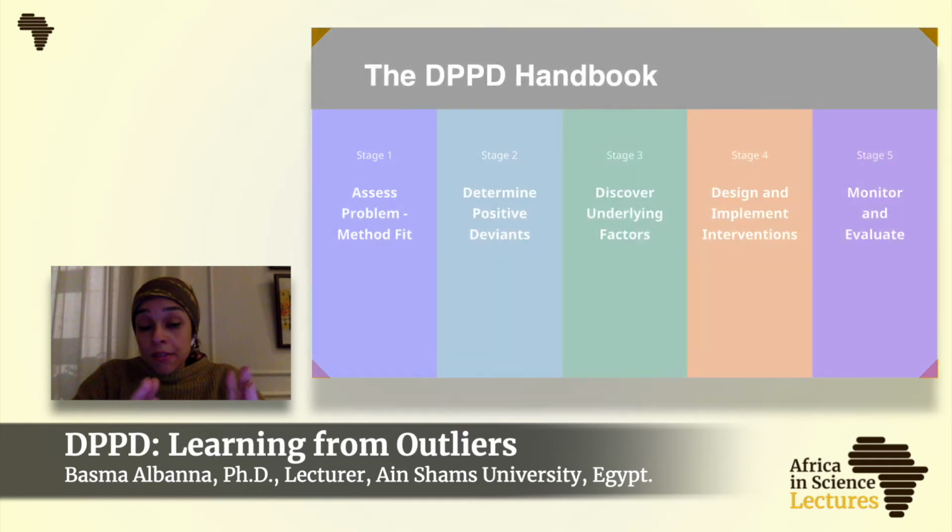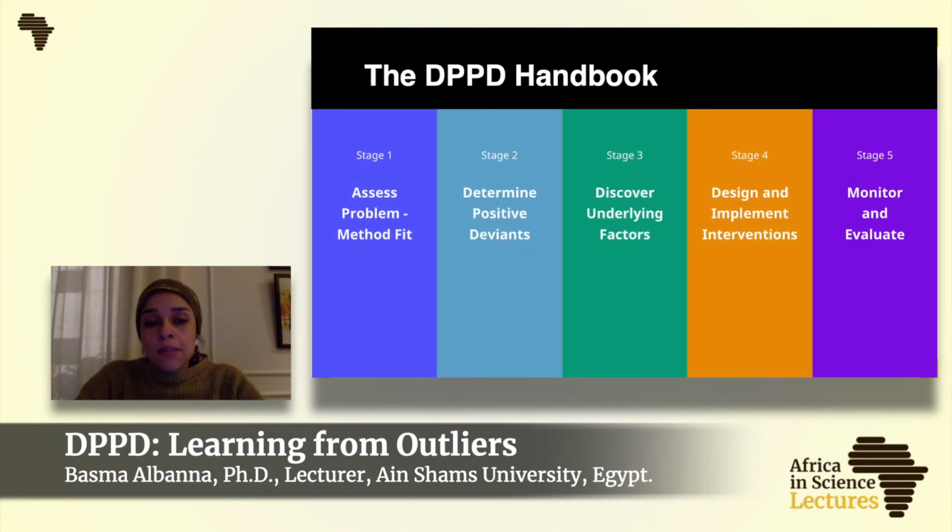The 5 main steps and stages of applying the data-powered positive deviance method are very similar to the steps and stages applied in the positive deviance approach, but the difference here is to try to accommodate and make use of the large size of big data and non-traditional data, and at the same time, the use of machine learning and artificial intelligence techniques to identify those outliers or positive deviance.